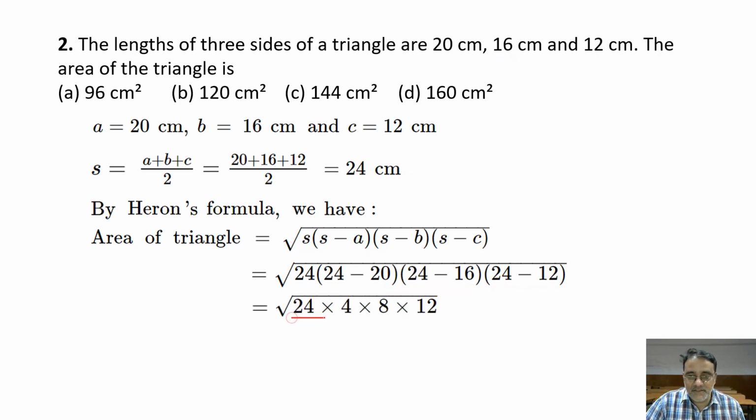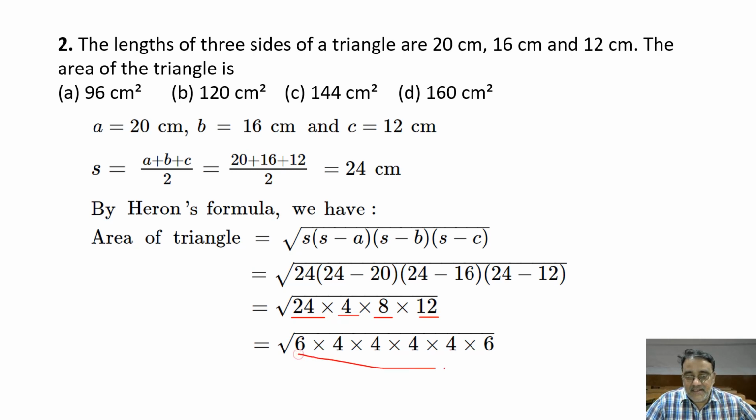This is 6 into 4 and this is 4. This is 2 into 2 into 2, here 2 into 6. Otherwise we can write in this way. Okay, right. So एक 6 और एक 2 और एक 4 और एक 4 कॉम बाहर आ जाएगा. 6 into 4 into 4, that is 16 into 6, 96. So the correct option is A.